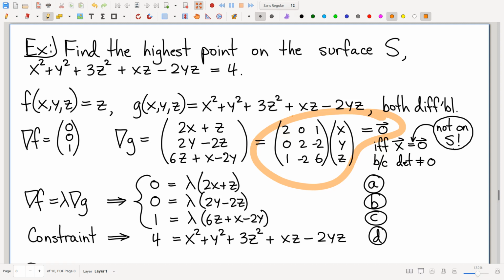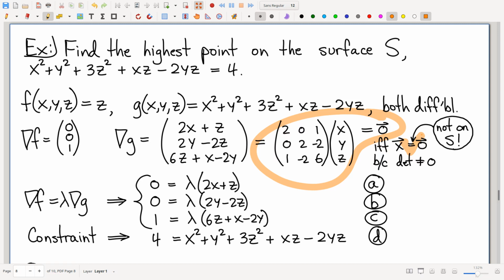I personally think it's easier to make singularity arguments. This matrix, the determinant's not 0. I think this is a non-singular matrix. That means there's a unique solution. And 0 is obviously a solution. Therefore, it is the only solution. So it saves you a row reduction. I think it's kind of nice.